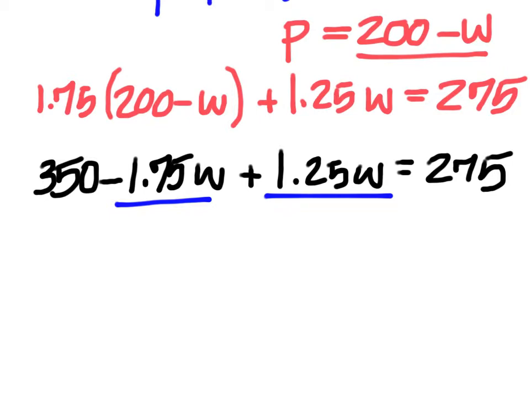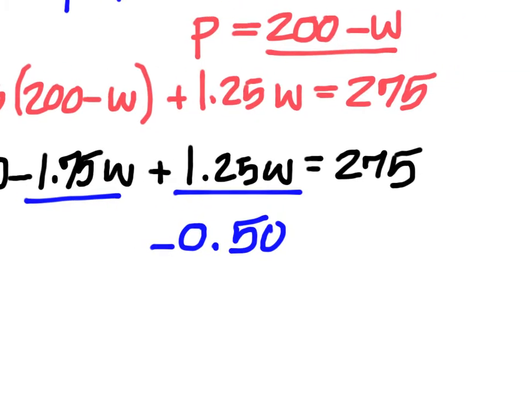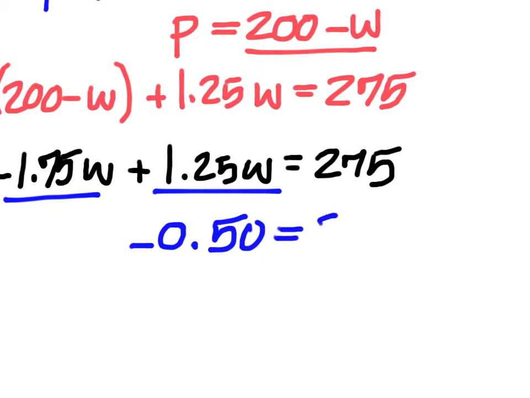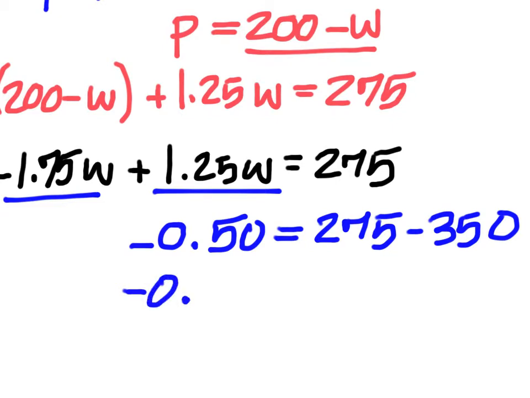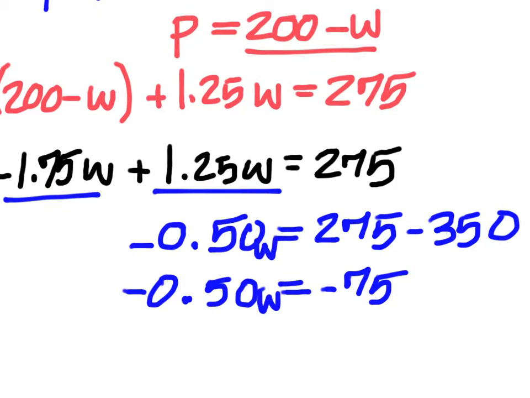That would be a negative 0.5, or we can just make it negative 0.50 since we're dealing with money. But on the other side, we would have to subtract the 350 from the left. So negative 0.50 W equals 275 minus 350, which is negative 75. So W equals negative 75 divided by negative 0.50.